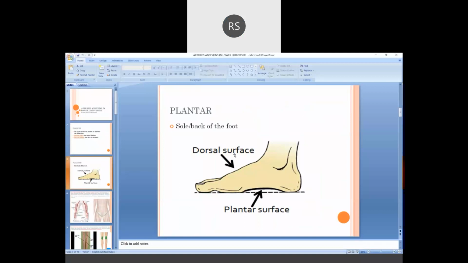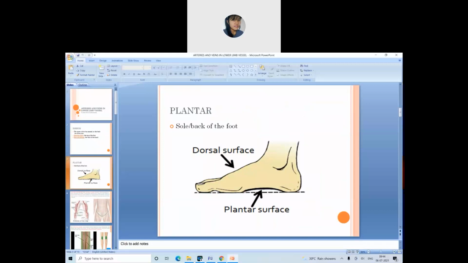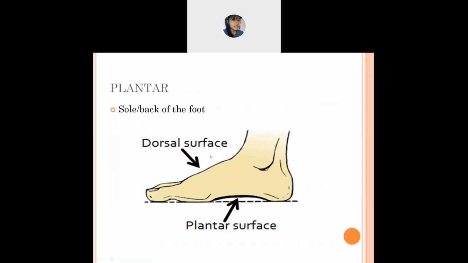So what comes to your mind if you think of the difference between dorsum and plantar? Just by seeing the picture itself, it's like common sense, right?